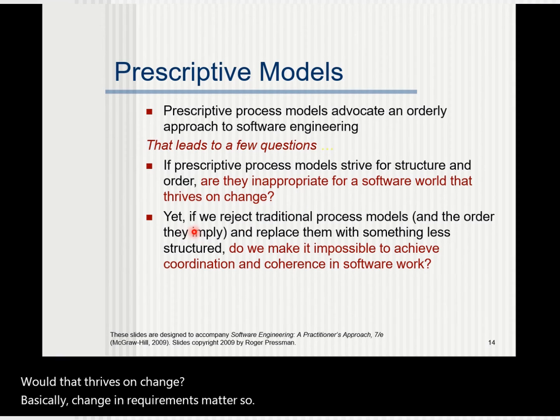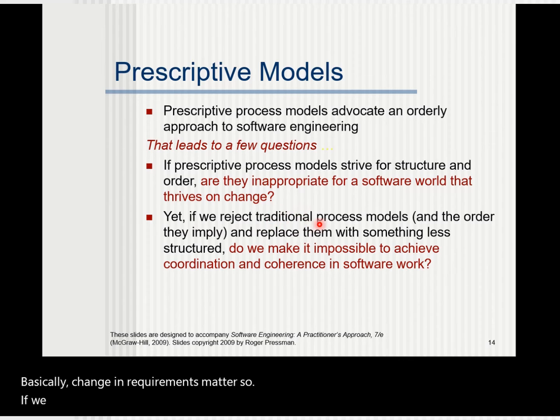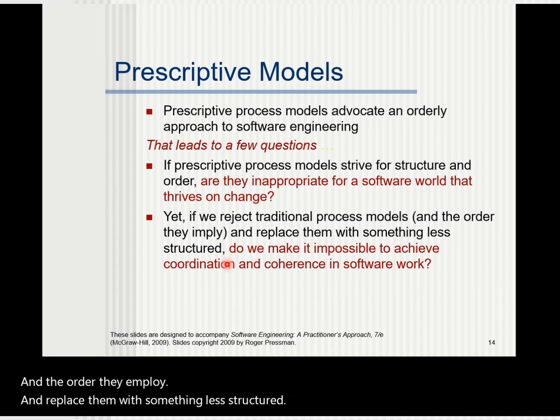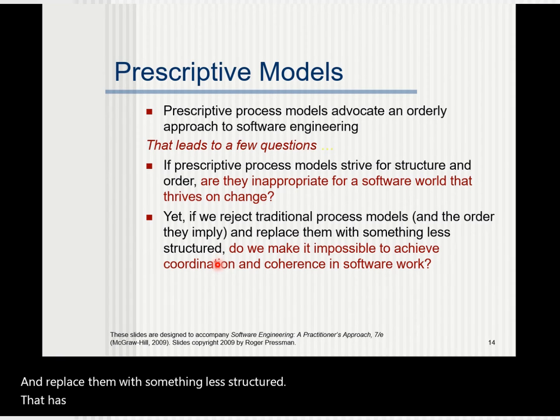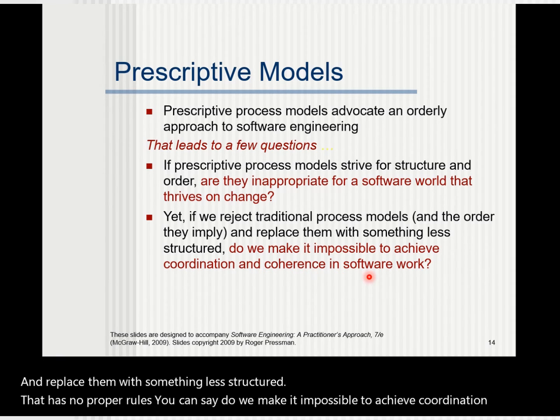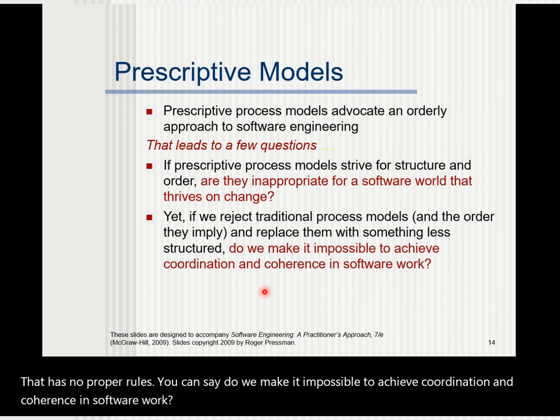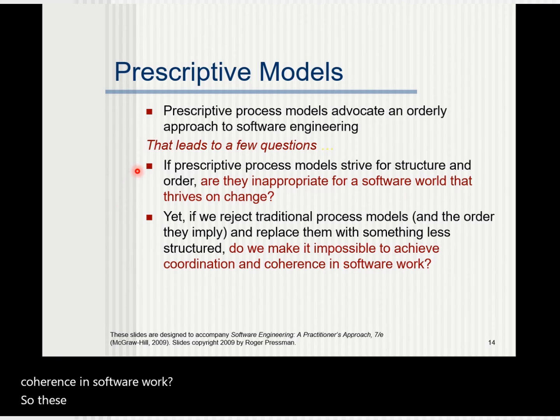Yet, if we reject traditional process models and the order they employ and replace them with something less structured that has no proper rules, do we make it impossible to achieve coordination and coherence in software work? So these are two visions.